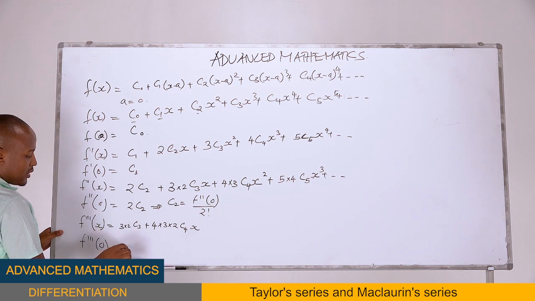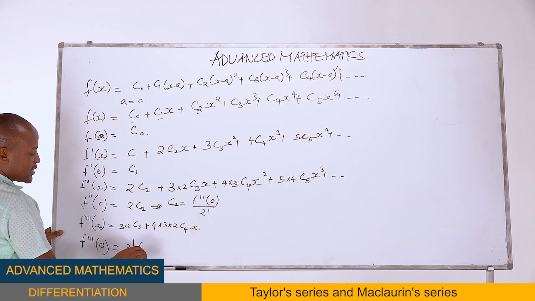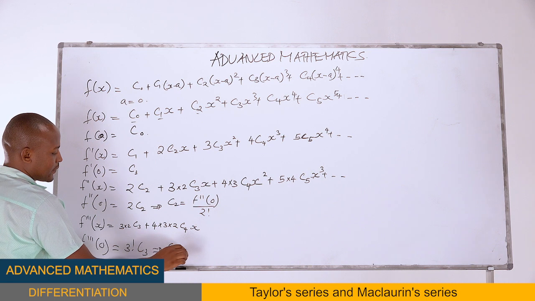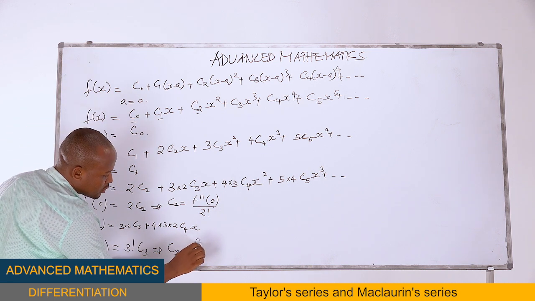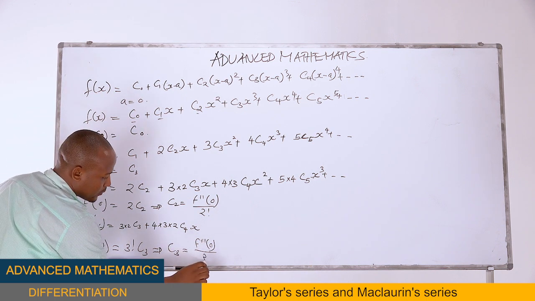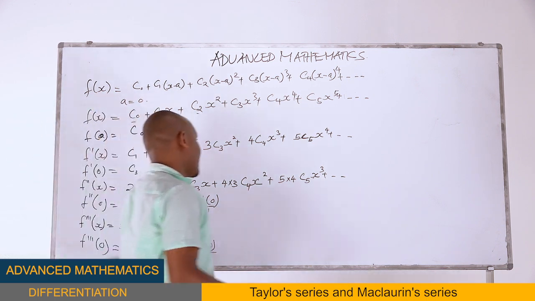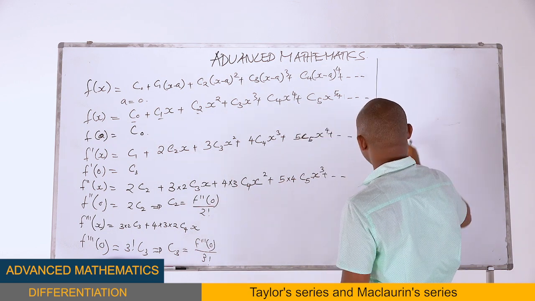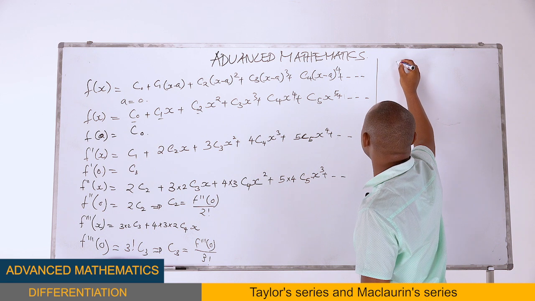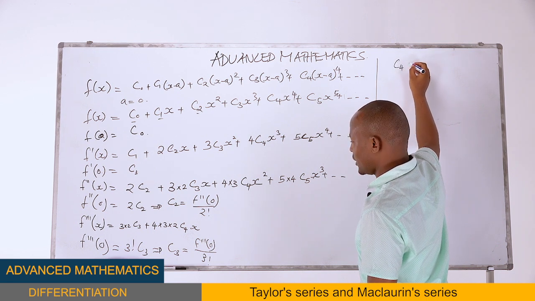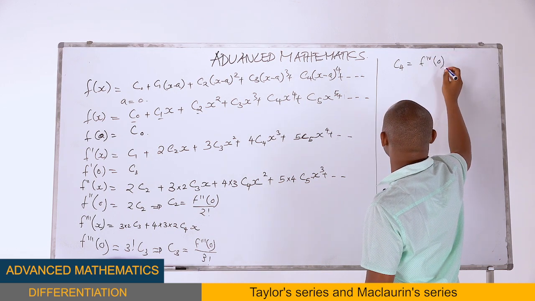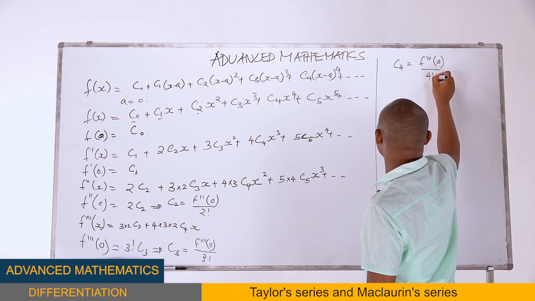We are going to be left with 3 factorial of c3. That is to say, c3 equals the third derivative at 0 over 3 factorial, and so forth. If we try to do the next one, it will look the same, so we can predict the next one. It will be c4, the fourth derivative evaluated at 0 over 4 factorial.